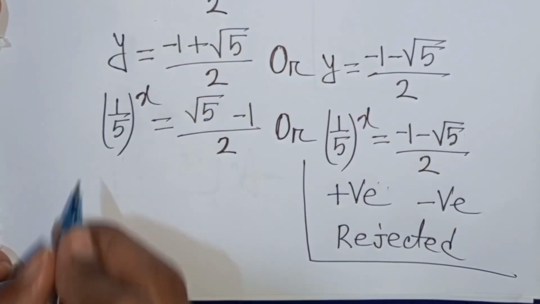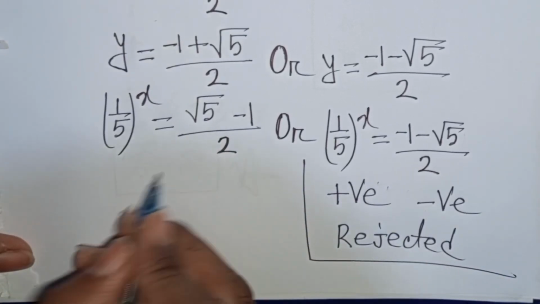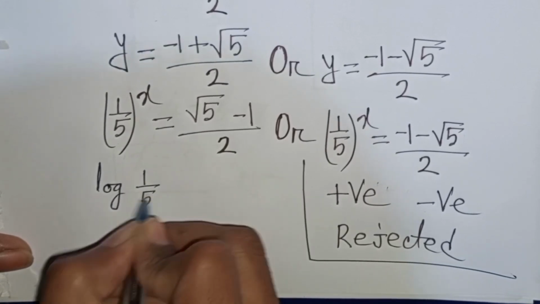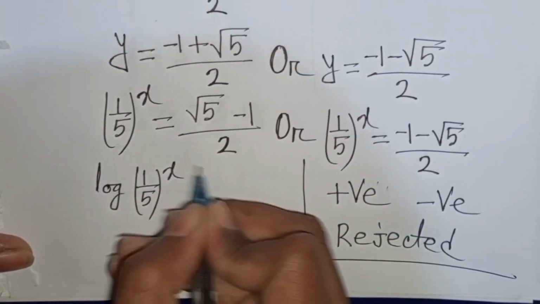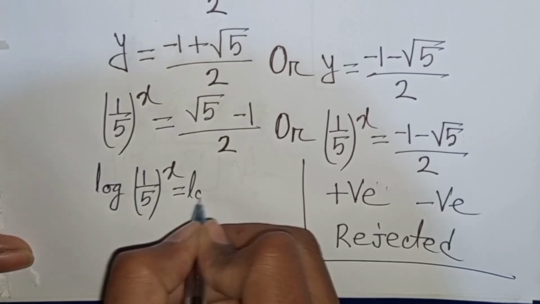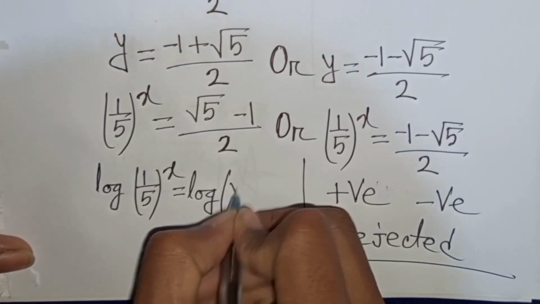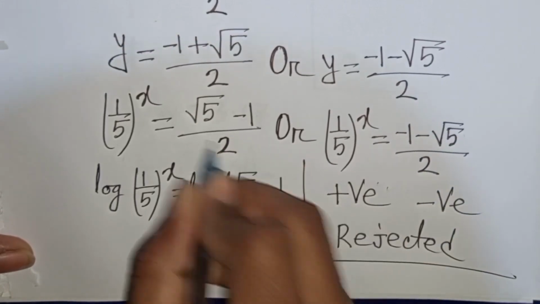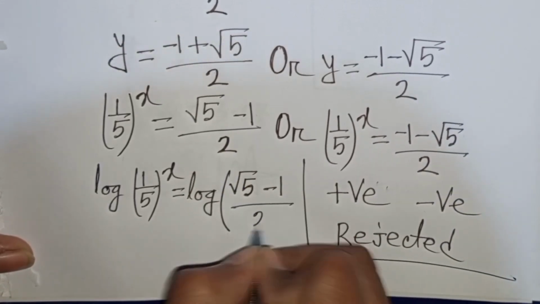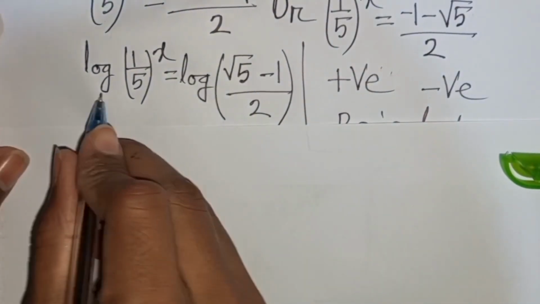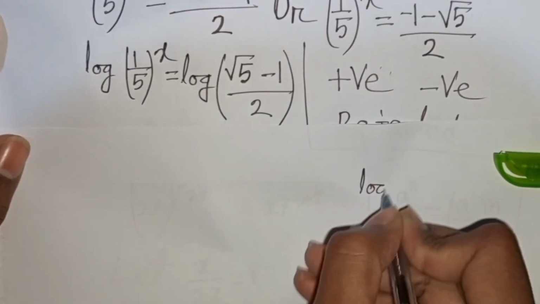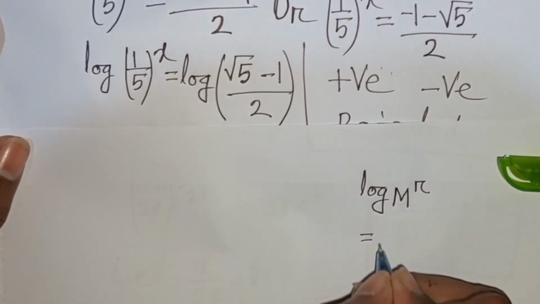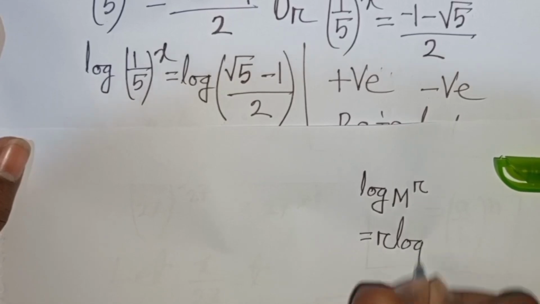Now from here we apply log on both sides. So you can write log of (1 by 5) power x is equal to log of (square root of 5 minus 1) divided by 2. Now here you can apply the rule that log m power r is equal to r log m.